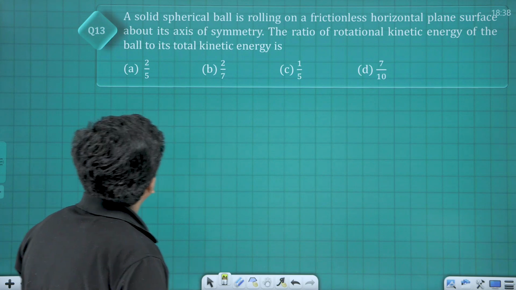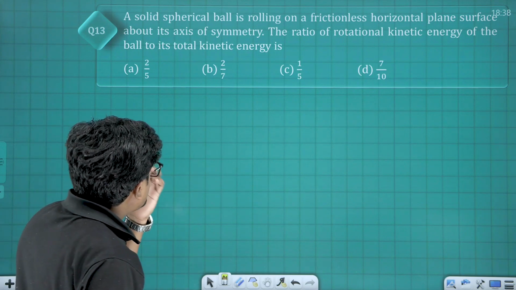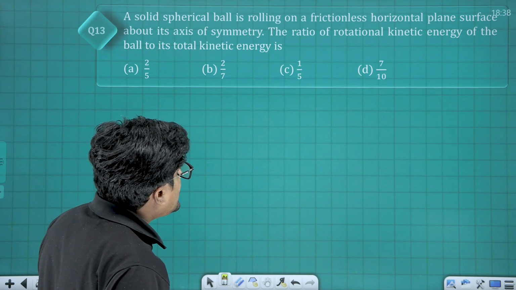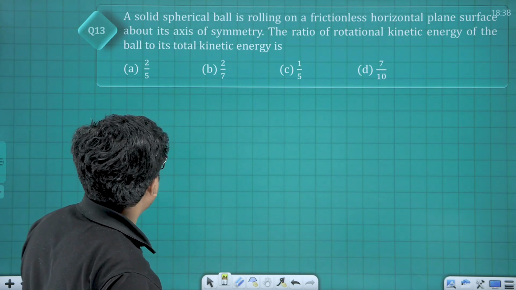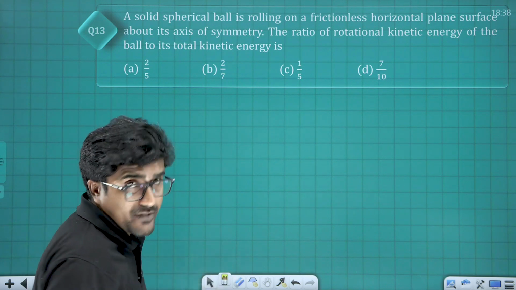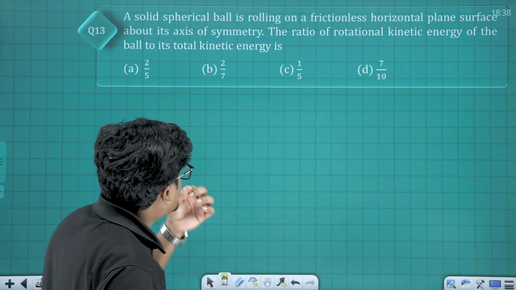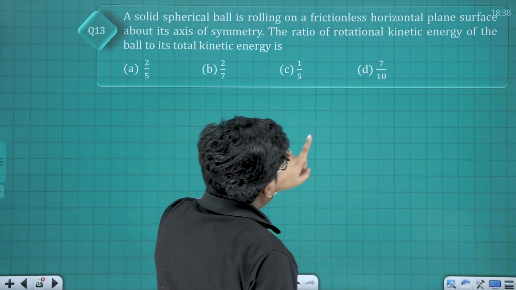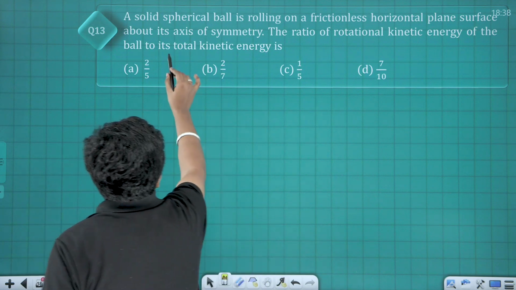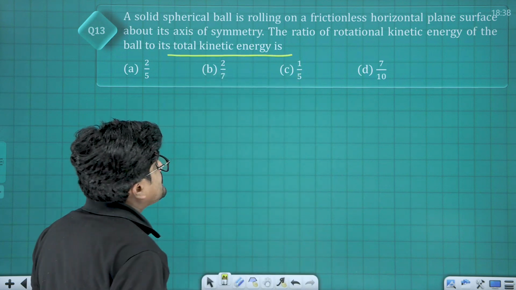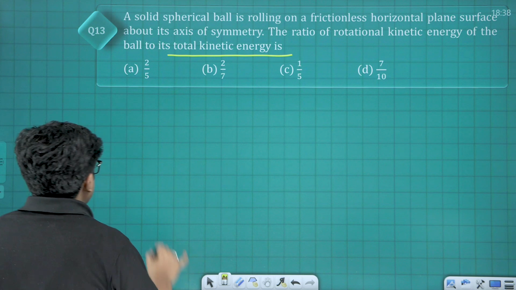Question number 13 says, a solid spherical ball is rolling on a frictionless horizontal plane surface about its axis of symmetry. Now the ratio of rotational kinetic energy of the ball to its total kinetic energy is. All right.